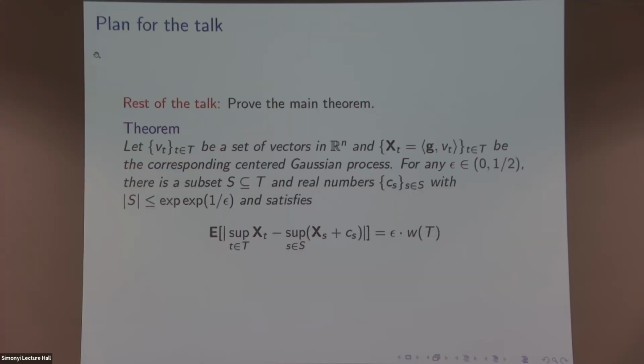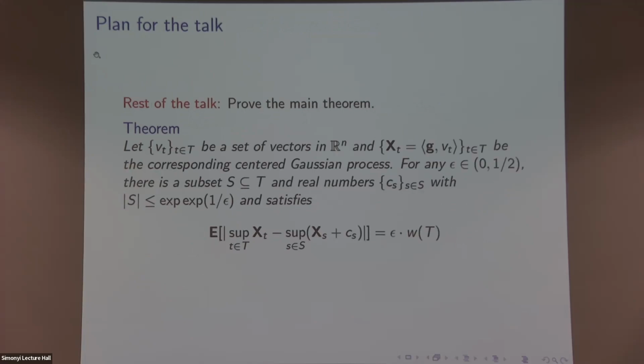So for the rest of the talk, I'm going to prove the main theorem. All the other things I said are pretty much not very different corollaries of this main theorem. So let's recall what the main theorem is. I have given you a set of vectors in R^n. I look at the corresponding centered Gaussian process, which is just taking a product of G with v_t.